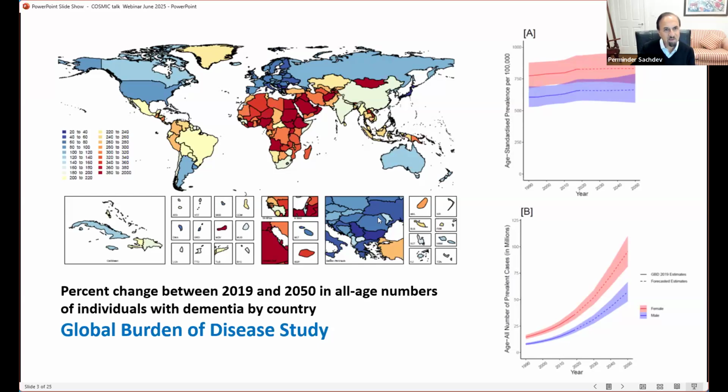The countries in dark red are the ones that are going to have the fastest growth in prevalence of dementia, and the blue ones are the slowest growth. All of them are growing in terms of overall numbers of people with dementia, but this growth is quite uneven.